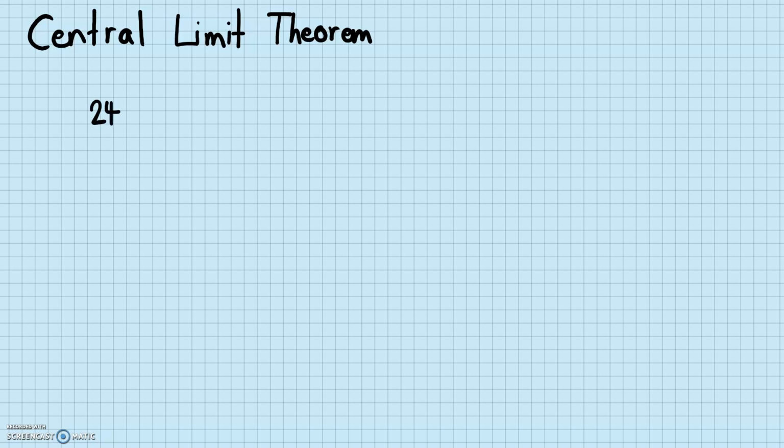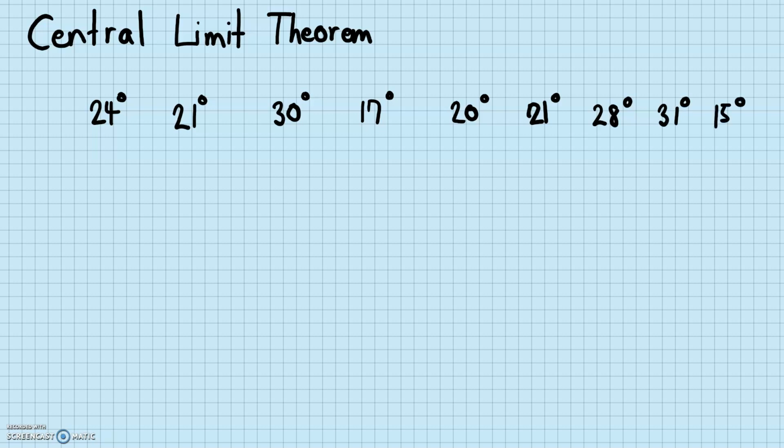Let's say that these were the temperatures of that city during 1 month. I'm doing these all in Celsius. And the temperatures are going to vary a lot throughout the month. 28 degrees, 31 degrees, 15 degrees. I'm not putting these in any particular order, but let's say that this is the data that we've collected.